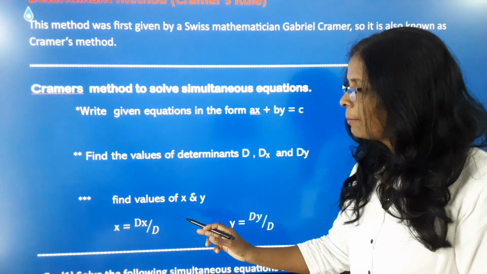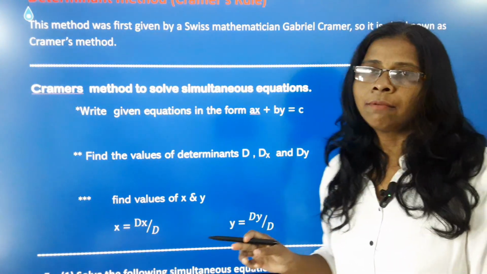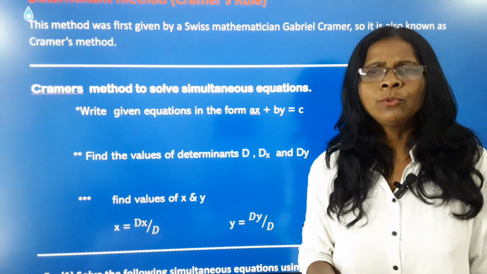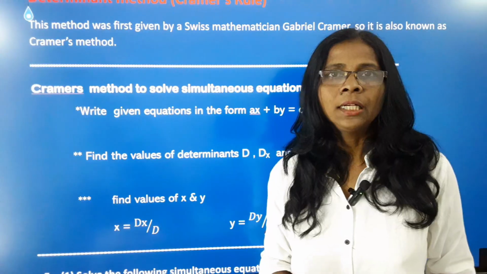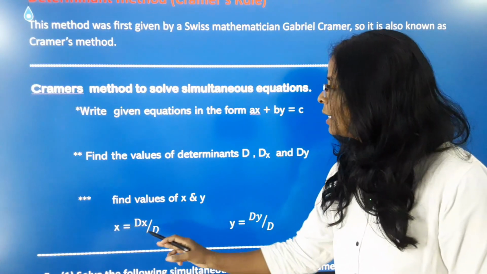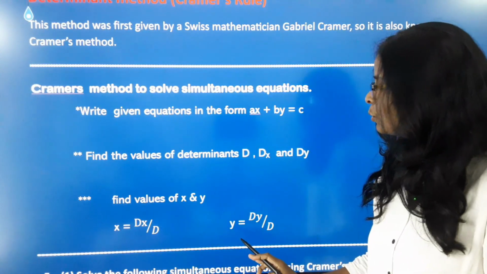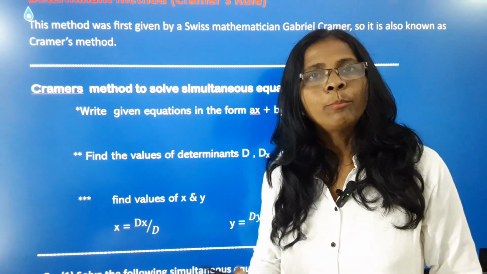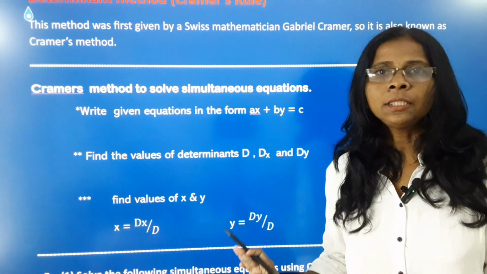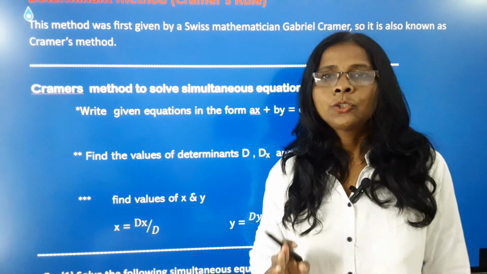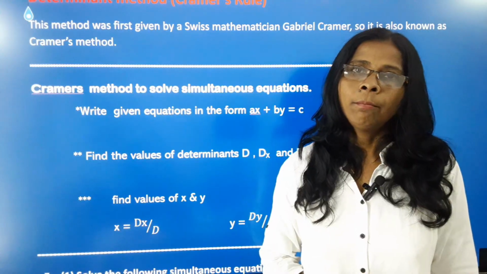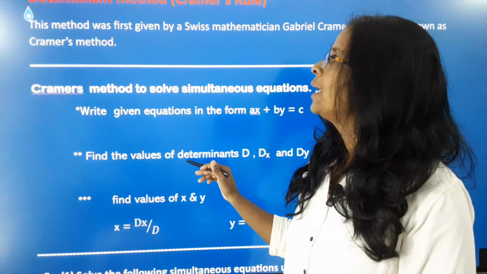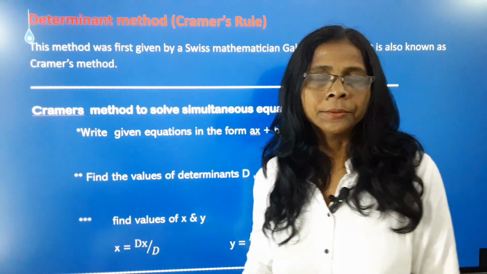The third step is to find the values of x and y, using the formulas: x is equal to Dx upon D and y is equal to Dy upon D. These are the three steps to solve simultaneous equations by Cramer's method, also called the determinant method.